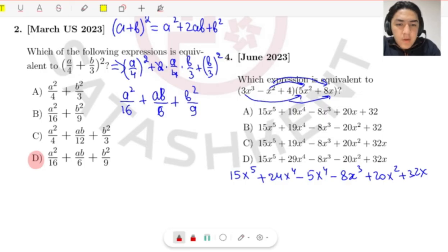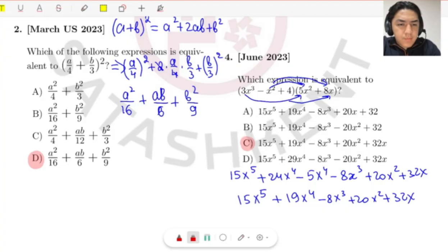And if we simplify it now, 15x to the power 5 plus 19x to the power 4 minus 8x cubed plus 20x squared and plus 32x. And the option that is the same as ours is now which one?